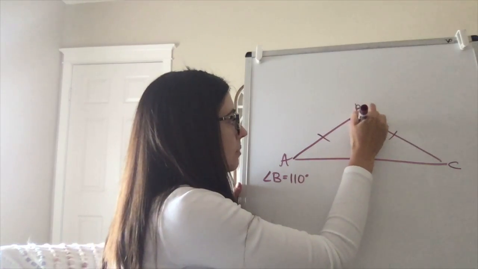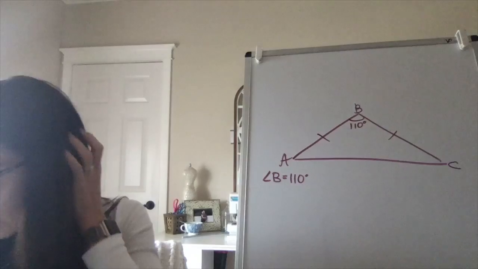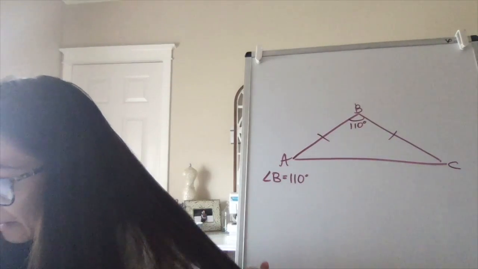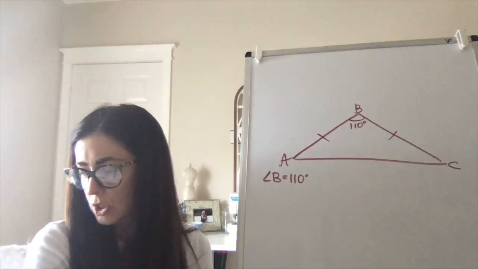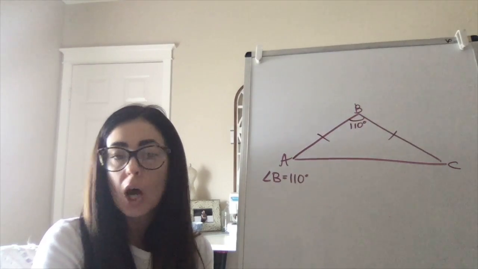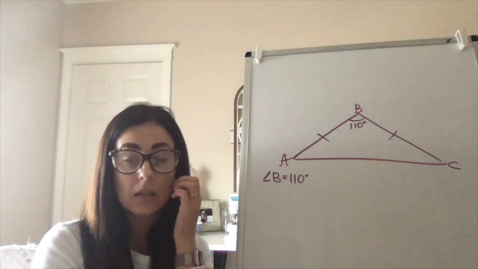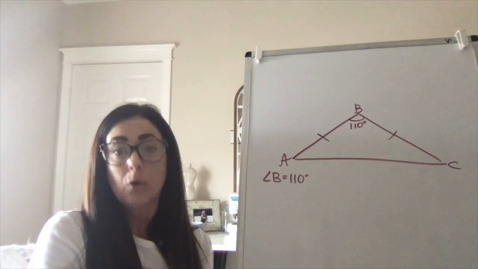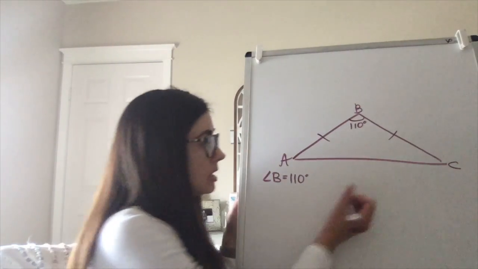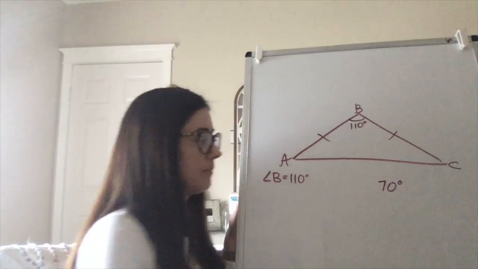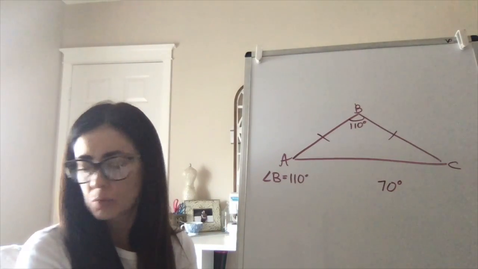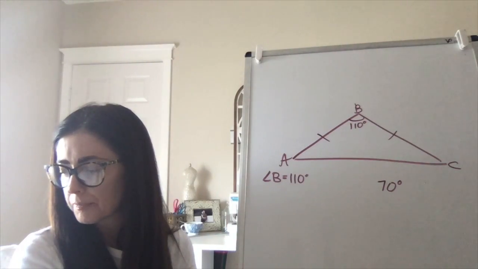So I'm going to label that myself. They have to add up to 180 degrees, right? So we know that there are 70 degrees left that we have to deal with, because 180 minus 110 is 70.